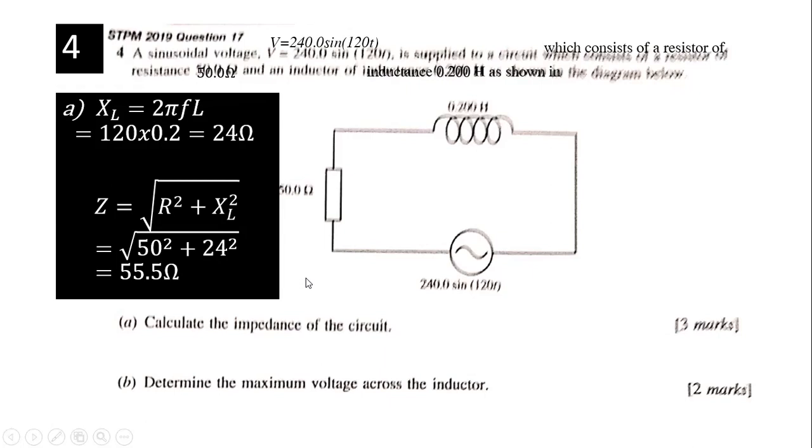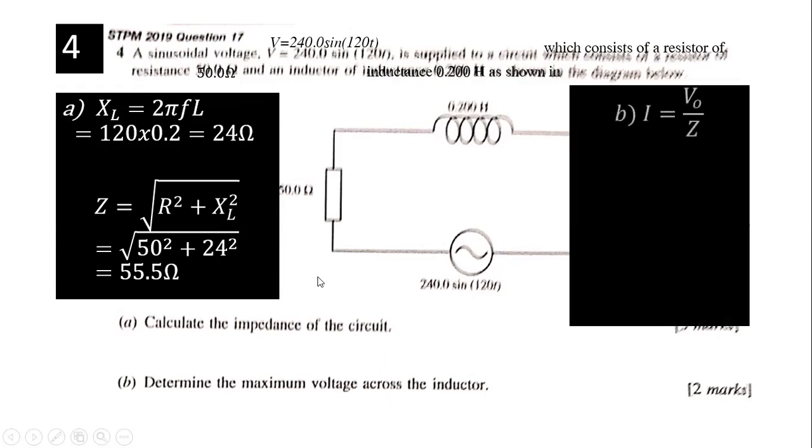Determine the maximum voltage across the inductor. For maximum voltage, you have to calculate your current first. That's your peak voltage, divided by your Z. The peak we can obtain from here, 140. Your Z, you calculate it out.